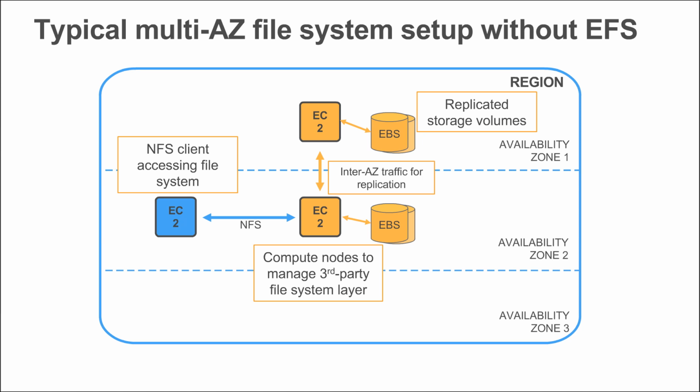So to have this be multi-AZ, you'll have EC2 instances in each AZ running the third-party software, and then duplicate sets of EBS volumes in each AZ that are redundantly storing your data across AZs. And then you will have inter-AZ traffic between those EC2 instances for the replication. And so what does something like that cost you?